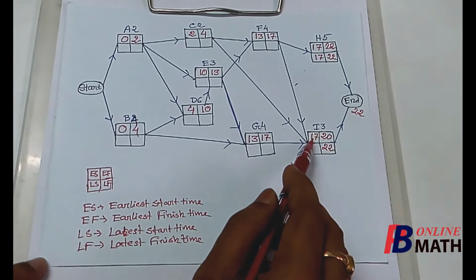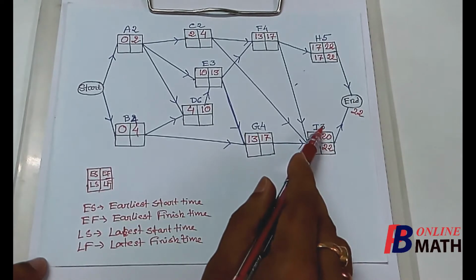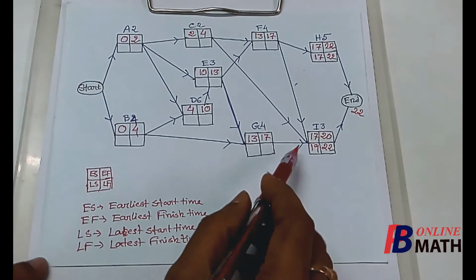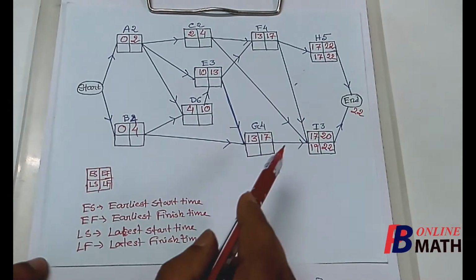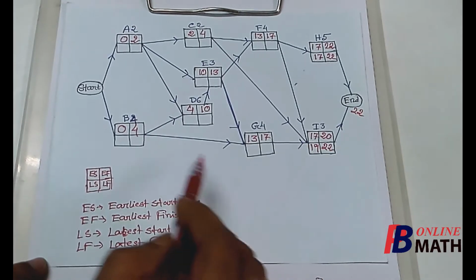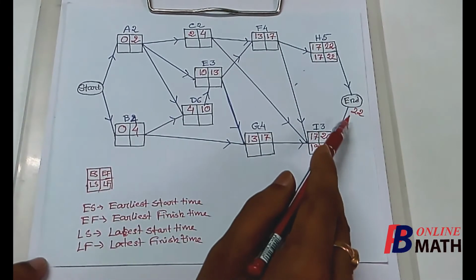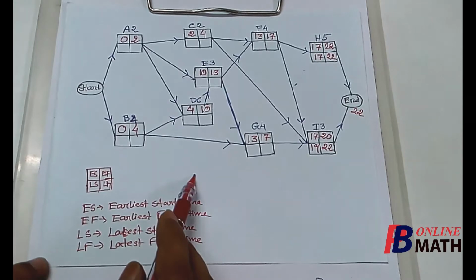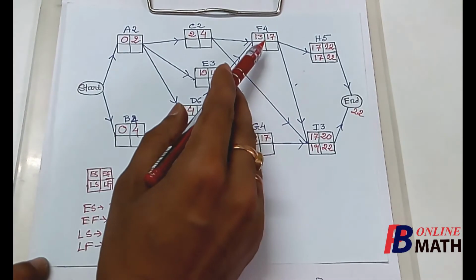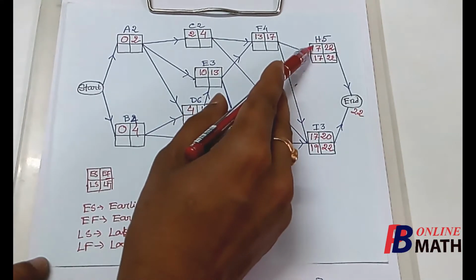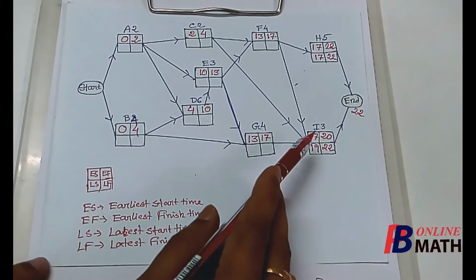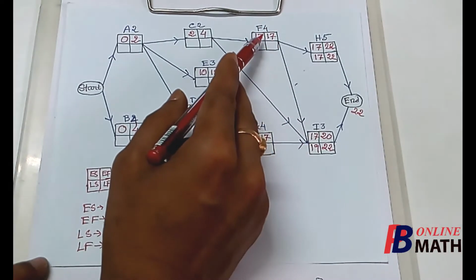So the latest start time will be 22 minus 3, which is 19. So the activity I must be started latest by 19 days so that we can complete all the activities within 22 days. We consider the next activity, which is F. Now here we find that both the activities H and I, these two activities can be started only if the activity F is completed.